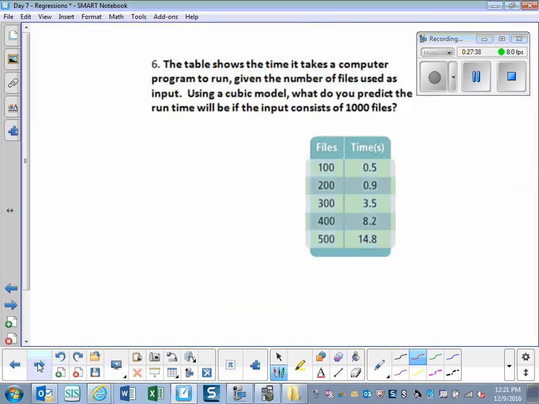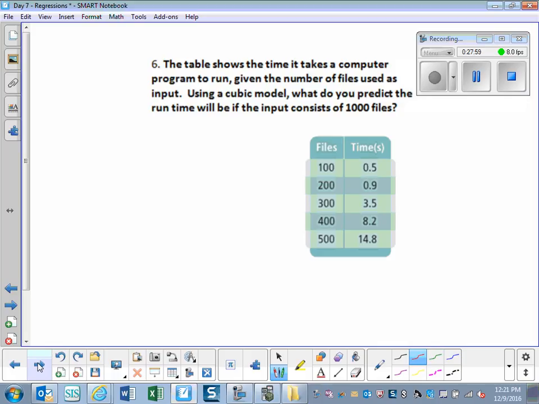Okay, so the next one, I want to actually look at this one because it has a little twist to it. So let's read it. The table shows the time it takes a computer program to run, given the number of files used as input. Using a cubic model, what do you predict the runtime will be if the input consists of 1,000 files?